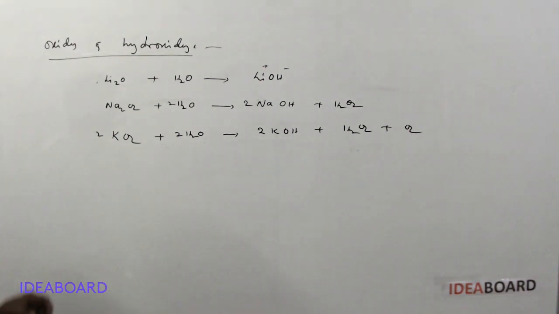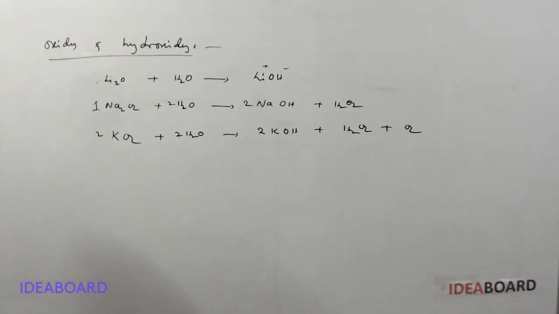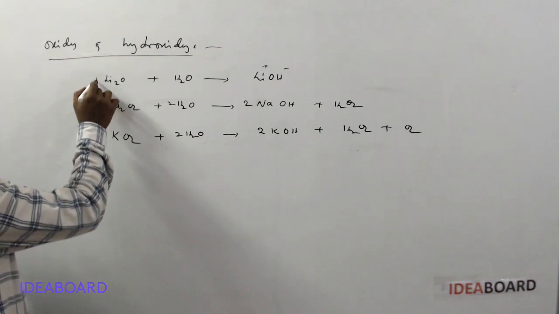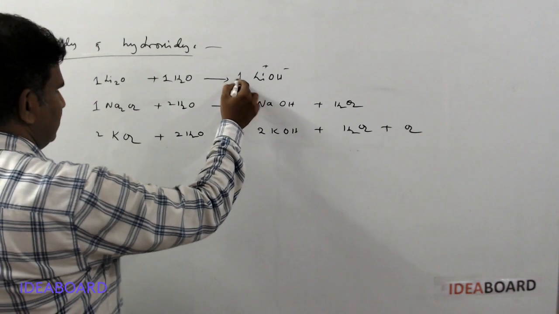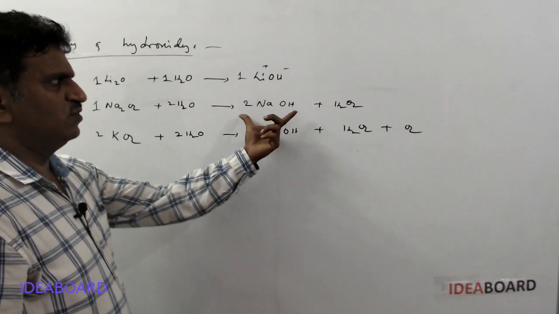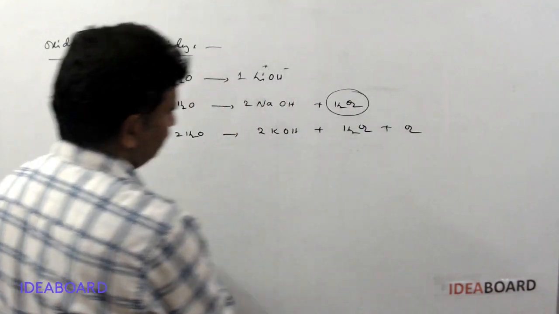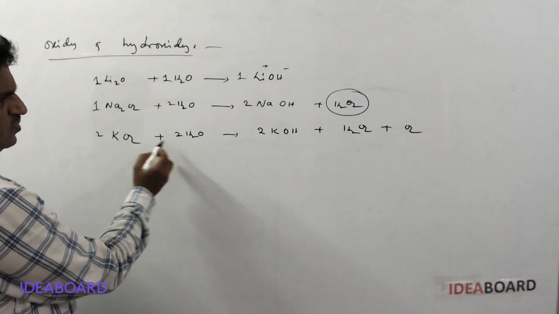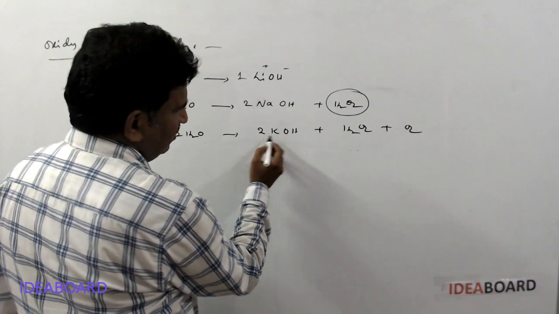And how to remember this: here 1 mole gives 1 mole of LiOH. Here 1 mole reacts with 2 moles of water to give 2 NaOH, and H2O2 is the extra compound formed. Whenever 2 moles of KO2 react with 2 moles of H2O, again 2 KOH are formed.